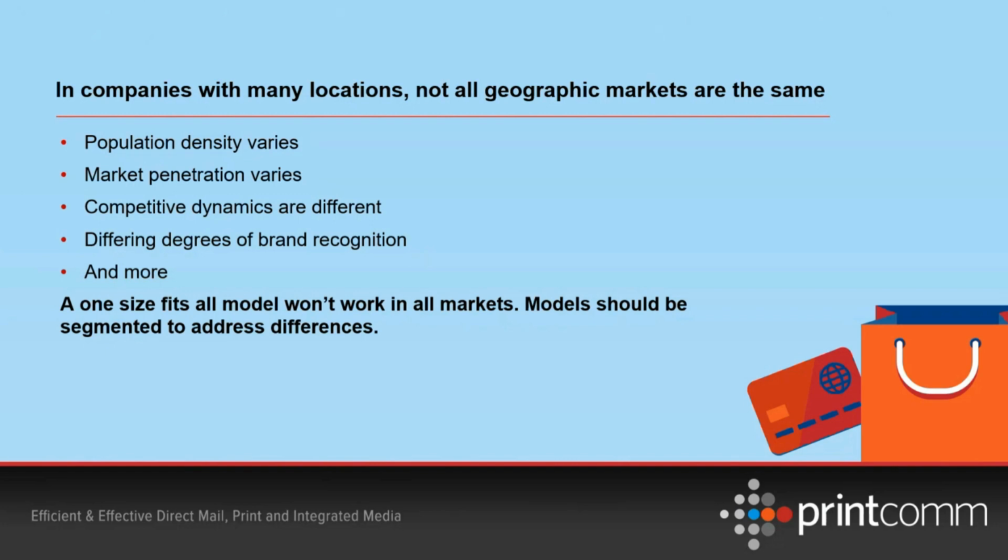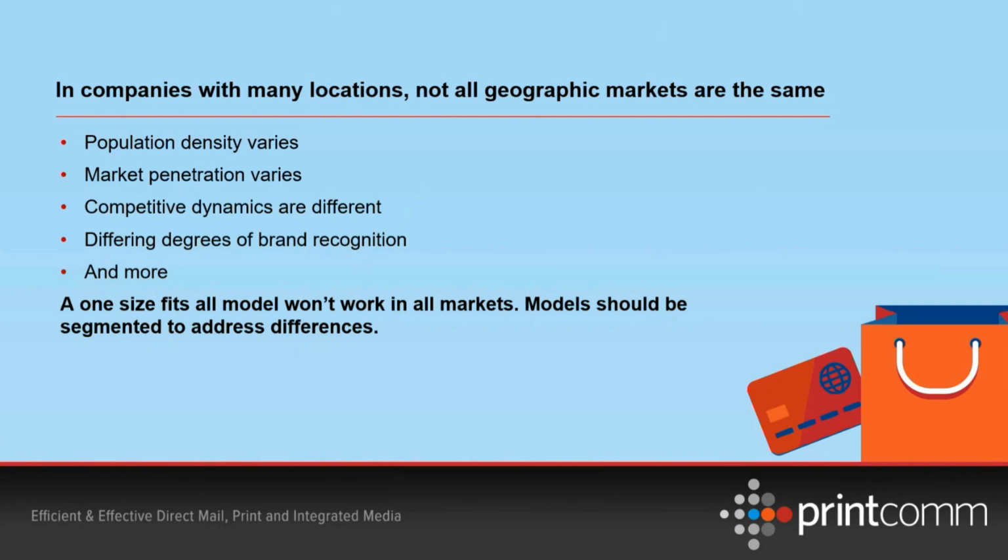The population density can vary. Market penetration can vary. Market penetration is quite often a function of the longevity of the store, right? If you've got a well-established store that's been in a market for 40 years, they will have penetrated the market to a much greater extent than a store that opened in 2022, perhaps in a locale where that brand had never been before.